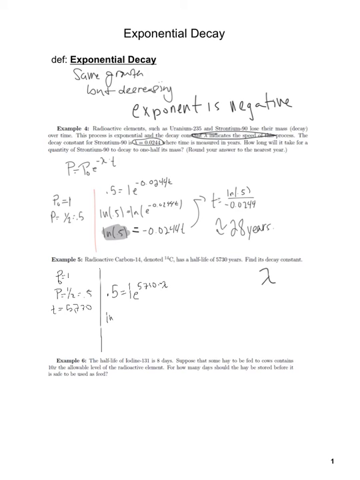All right, we do the exact same thing, take the natural log of both sides. Technically, you're supposed to divide by 1 here. I'm just skipping that step because it doesn't do anything.